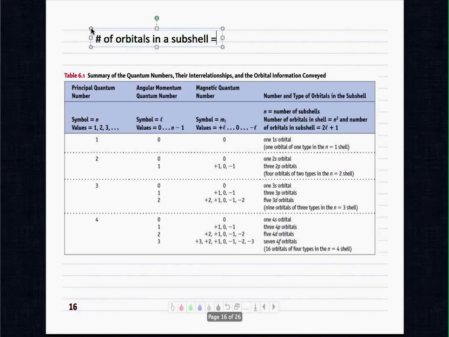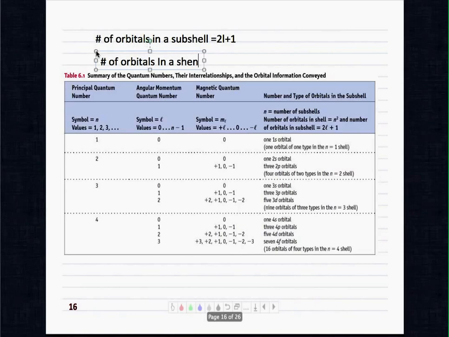A subshell is P, S, D, F. This is the equation we use to calculate how many orbitals in a P, an S, a D, or an F. To calculate the number of orbitals in a shell, that means n equals 1, n equals 2, n equals 3, we use n squared.